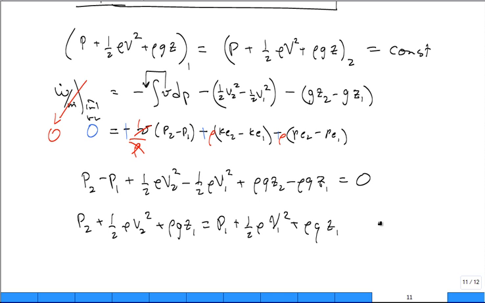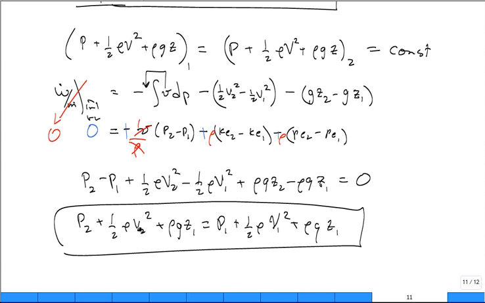I'm trying to rewrite this, but it's Bernoulli's equation. Bernoulli's equation was that equation. It didn't look like it, did it?